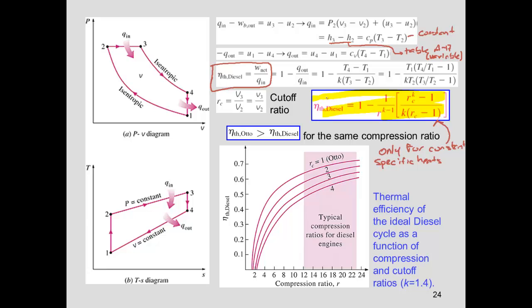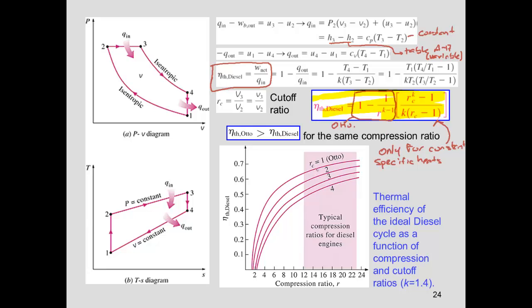So let's pay a little bit closer attention to this. This number here is Otto, right? So since this number is always greater than 1, you're subtracting more. So the efficiency of Otto will always be higher than the efficiency of diesel for the same compression ratio.